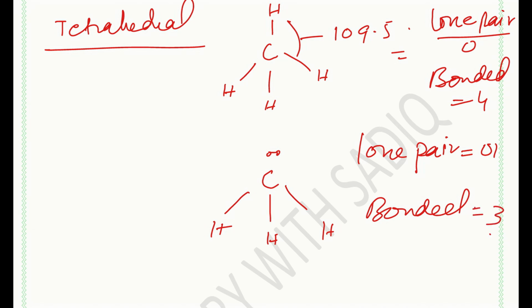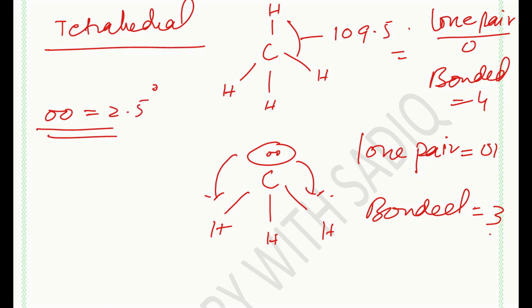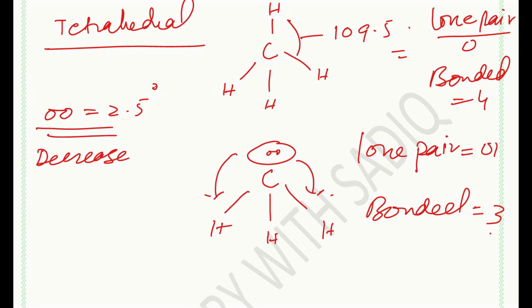Now, the lone pair is going to push these two far away from each other. So for the bond angle, keep this in mind: every lone pair is equal to 2.5 degrees of decrease in the bond angle. This is a very interesting point.